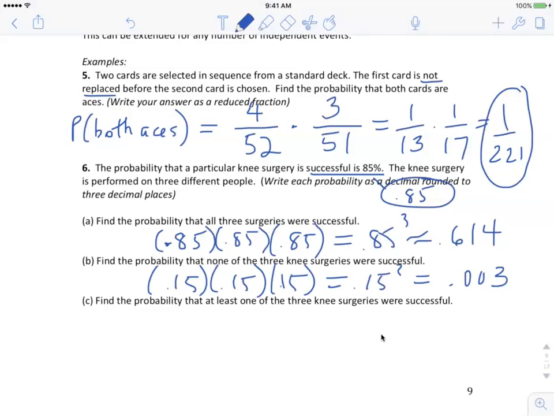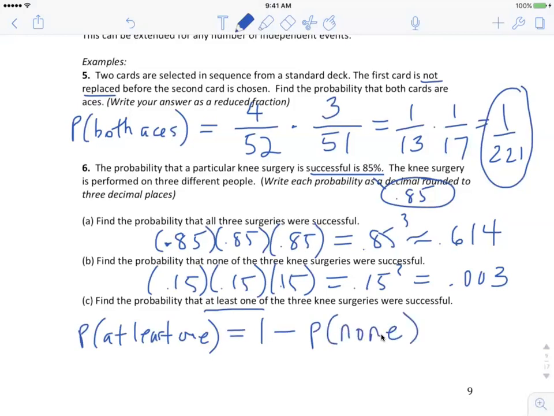And then the last one here, we've got the probability of at least one. Ooh, there's that phrase again, "at least one." Remember before that this was a complement to something? It was the complement to none. So a good way to do this is the probability of at least one equals 1 minus the probability of no successes.